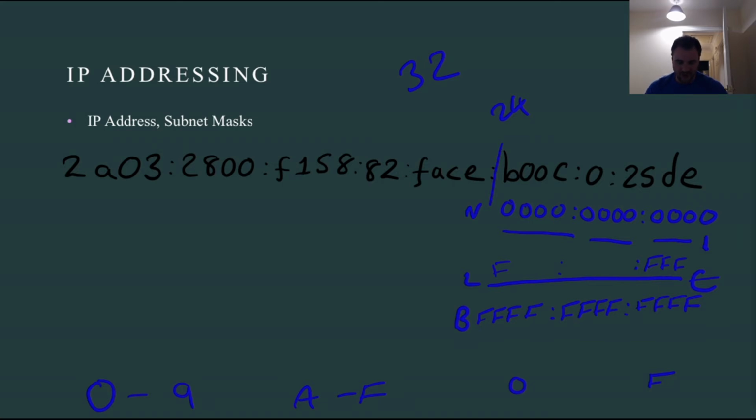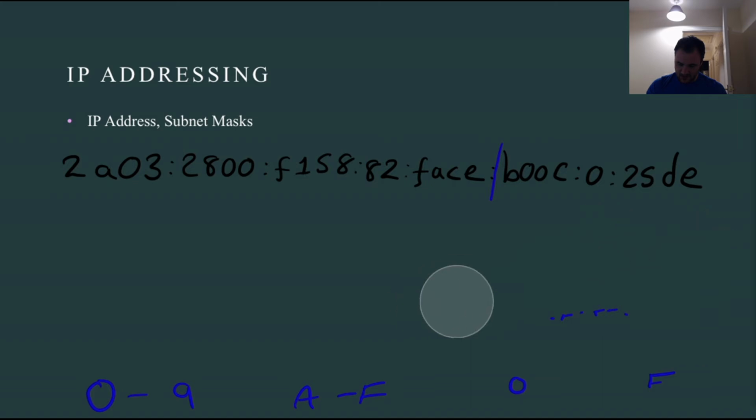There is one more thing I want to talk about with regards to IPv6. We've seen here that we're missing a few numbers, and this is what we call shortening or abbreviating IPv6 addresses, and it saves people remembering so many numbers. We see a little bit of abbreviation here.